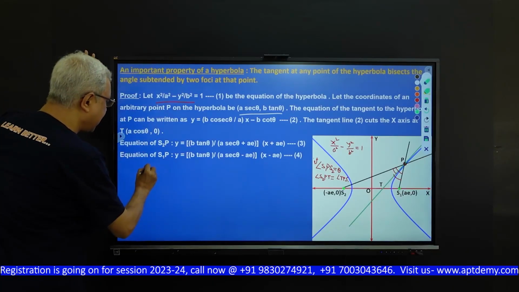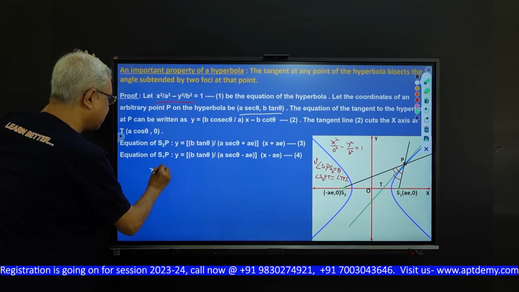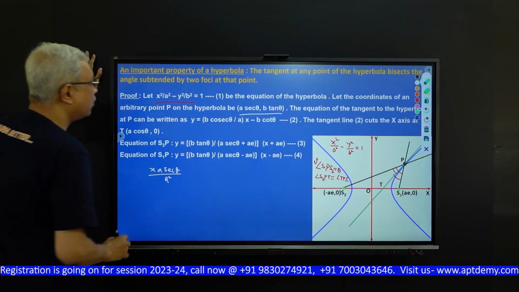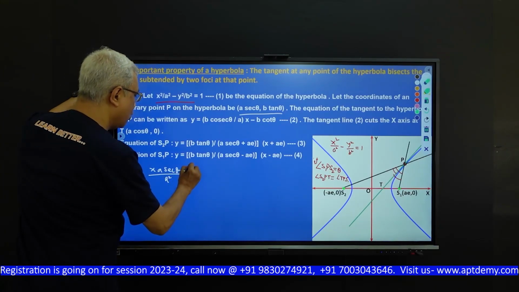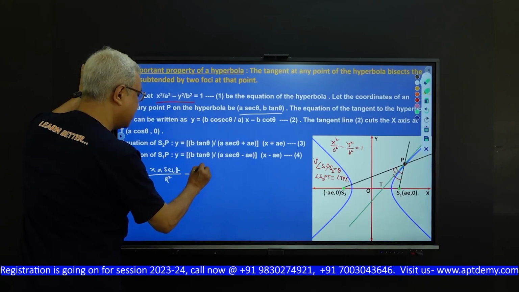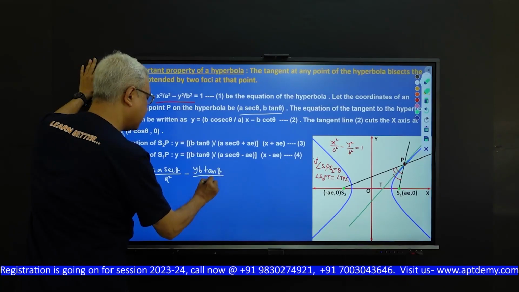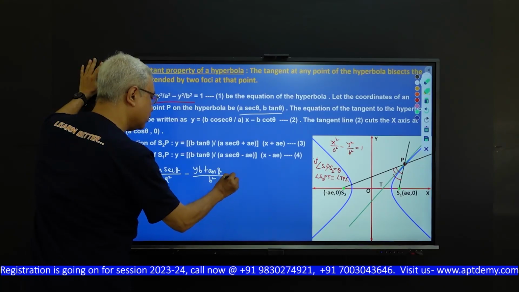So I can write x a sec theta by a square. This you all know, and then y b tan theta divided by b square is equal to 1.